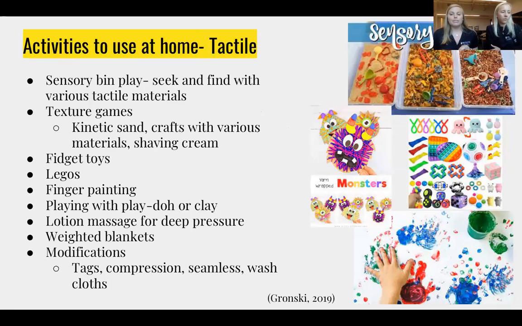You can have different mediums. So in this, you can have items hidden and they have to search for it, kind of like what we just did with our eyes closed, and try to explain what it is with various materials. Or you could also use spoons if your child has troubles with the scooping motion. These are great ways to practice that scooping motion to try to get those toys out.